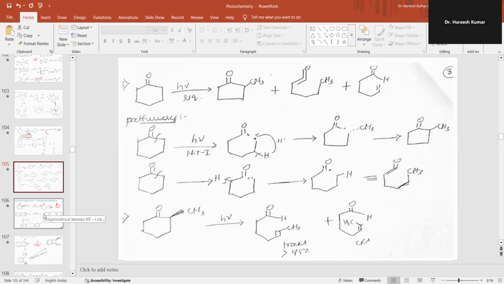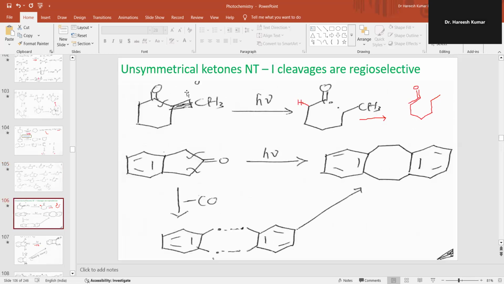In this slide also, I'm taking an unsymmetrical ketone. This is again an unsymmetrical ketone. What it means is that the electron-rich carbon is where there is a cleavage. If there is a cleavage here, you can observe that a secondary carbon radical and the acyl radical are the intermediates. And then alpha hydrogen radical abstraction forms a ketone as the product.